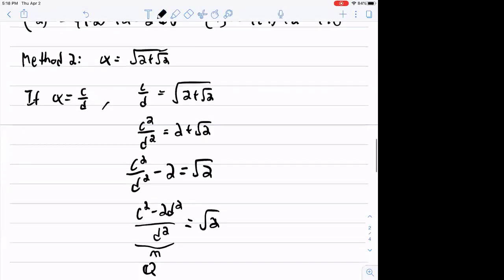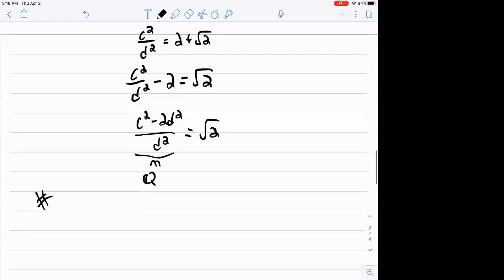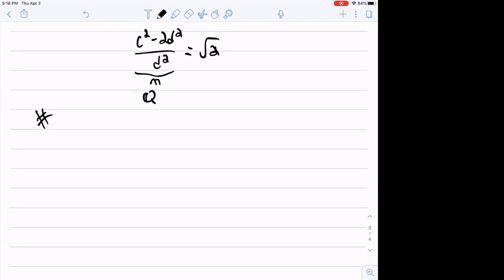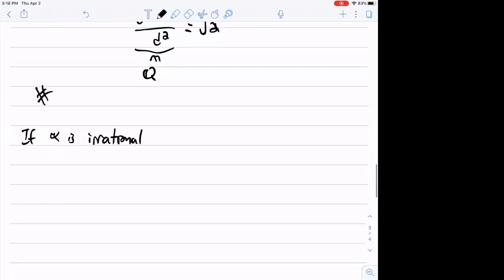But that actually gives us, we can generalize this to basically solving everything. So let's consider, if alpha is irrational. By definition, alpha being irrational means not rational. And beta is rational.